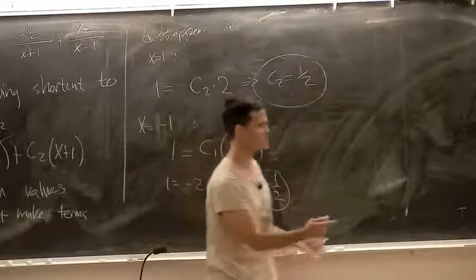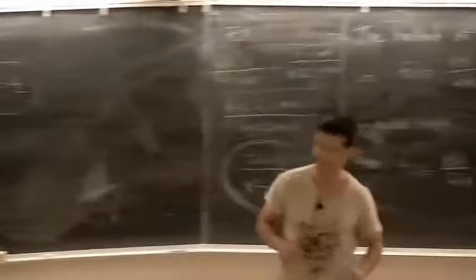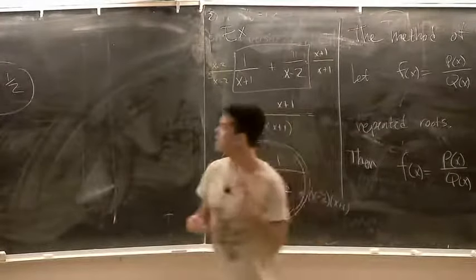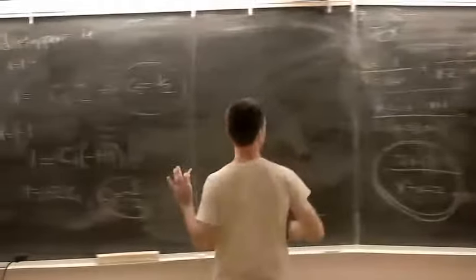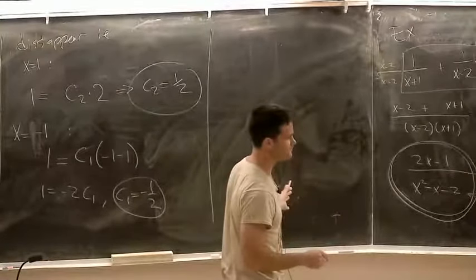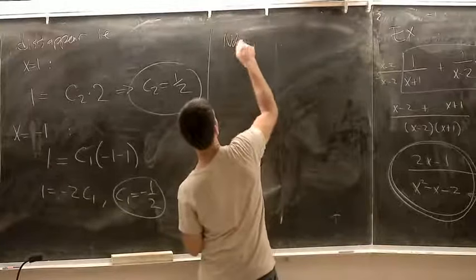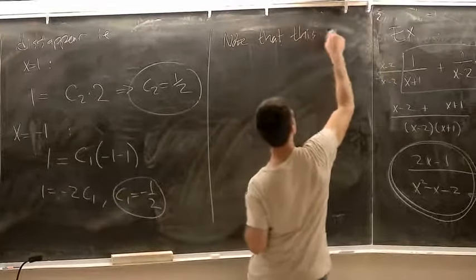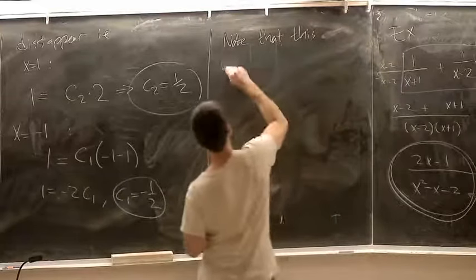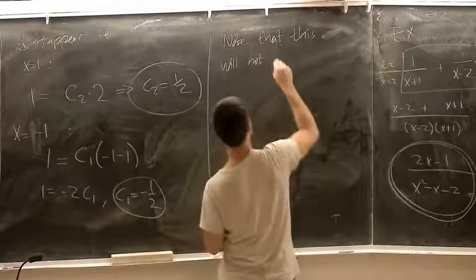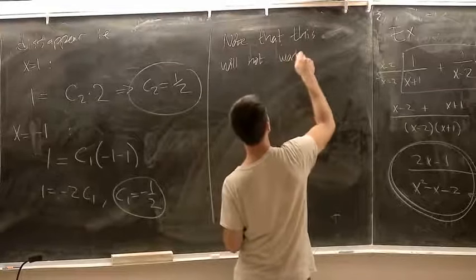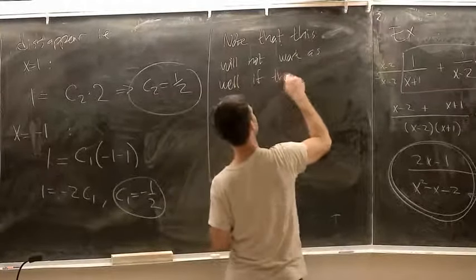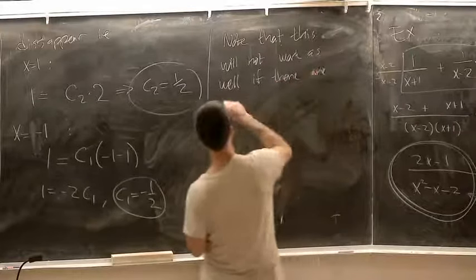Of course, it's the same values that I got using the other method, but this one's a little bit faster and easier. The thing is, like I said, you can't always do it. So note that this will not work as well if there are repeated roots.